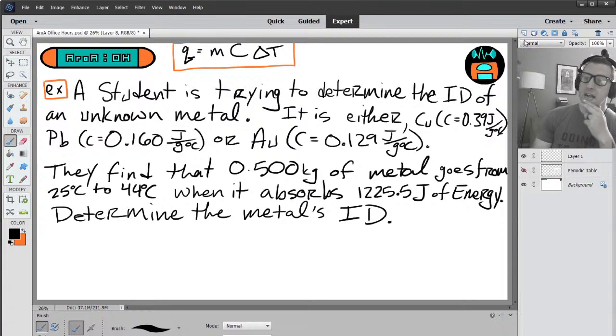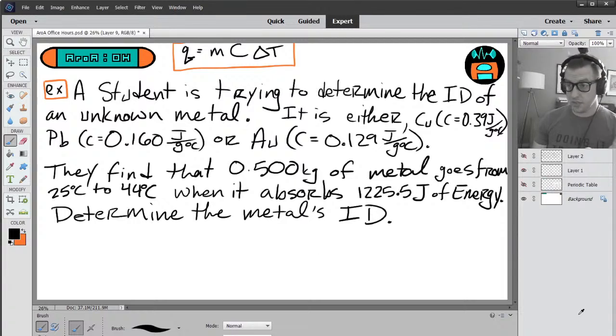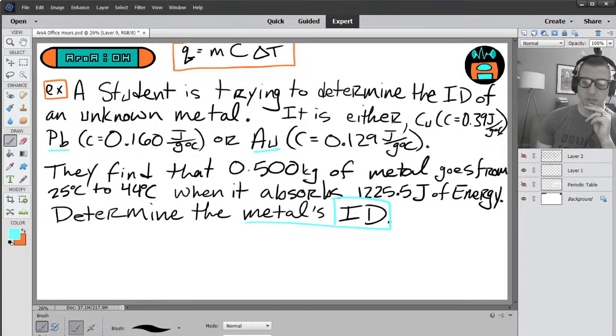All right. Now, you'll notice, first thing, we're trying to determine the metal's identity. And we're given three choices: gold, lead, or copper. There's a key piece of information included with each possible identity, and that is the specific heat capacity.